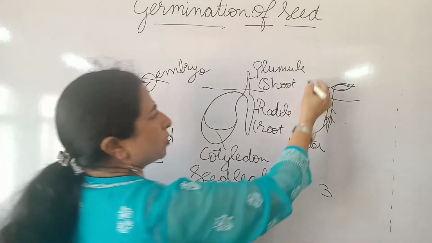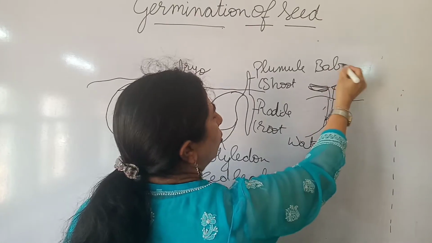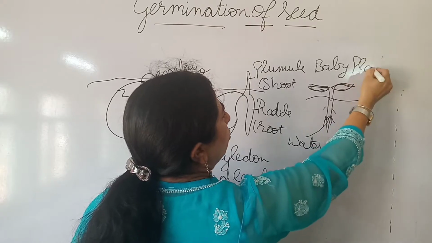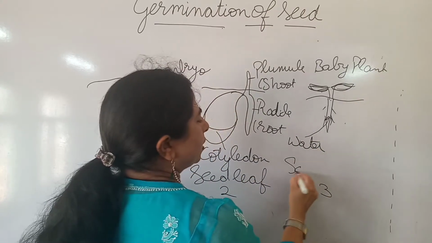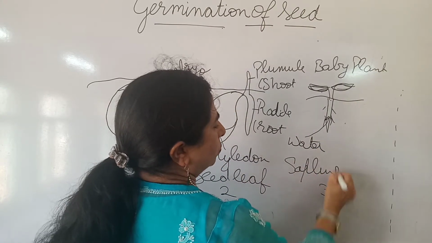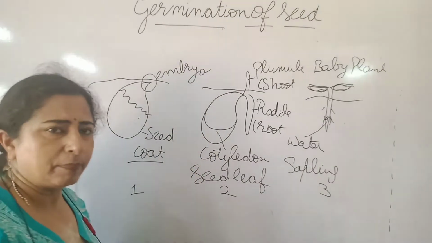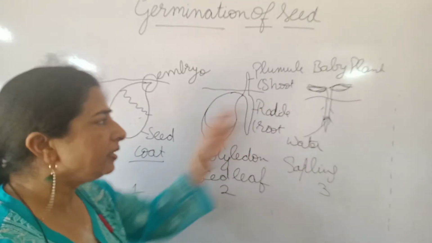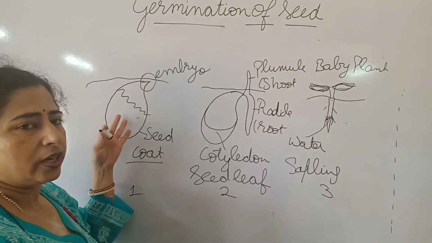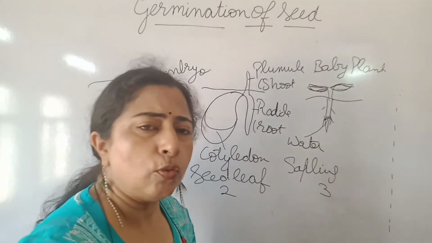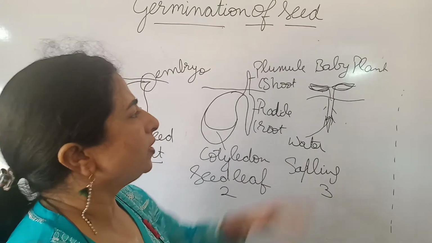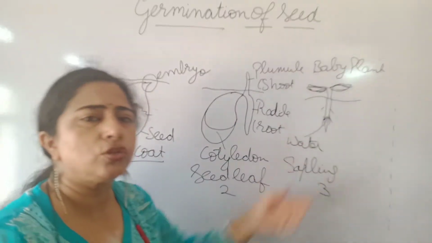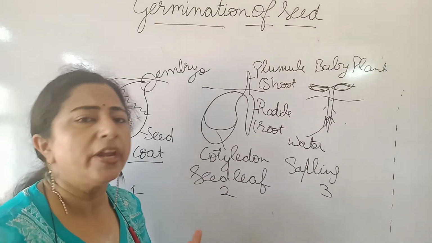So this structure that comes out of the soil is called a baby plant, or we can call it a sapling. In this manner the seed develops into a new plant, and gradually this new plant grows into a big plant or big tree.